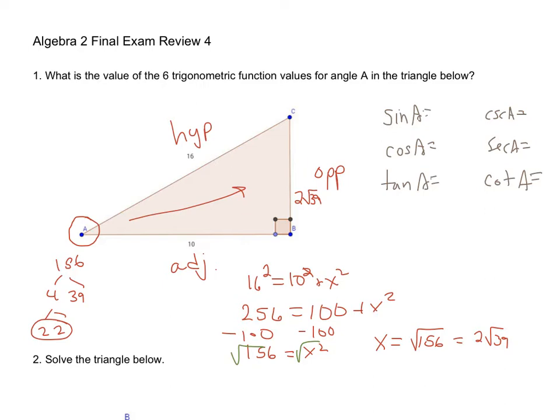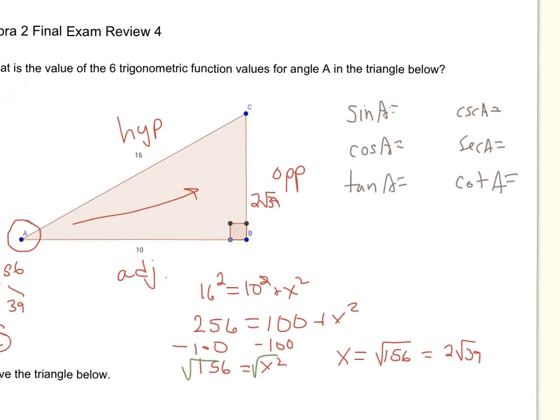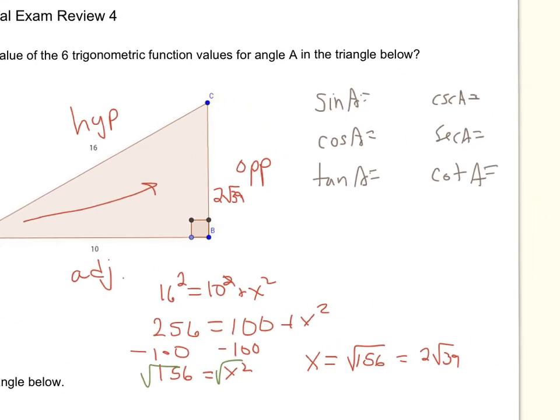So then we can just start writing those sides over here in our ratio. So we know the sine is the opposite over the hypotenuse, so that's 2 square root of 39 over 16. The cosine is 10 over 16. The tangent is opposite over adjacent.